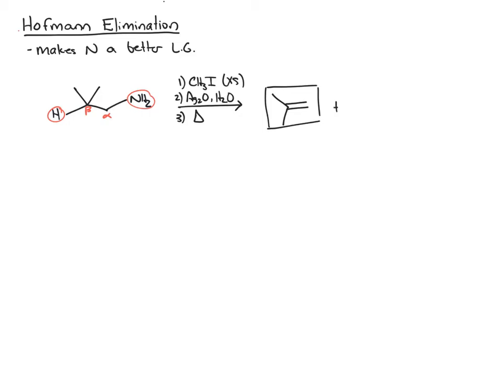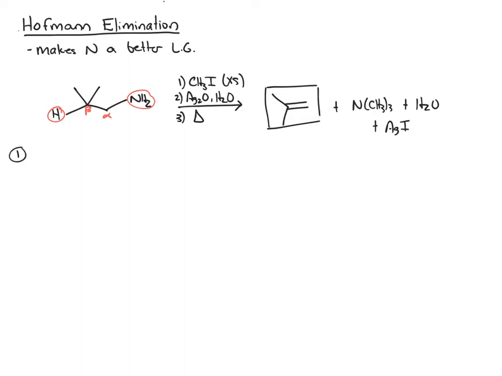Then our byproducts are this trimethylamine, water, and silver iodide. So we need to go through each of these 3 reactions and see what's happening in order to get this elimination process to occur.